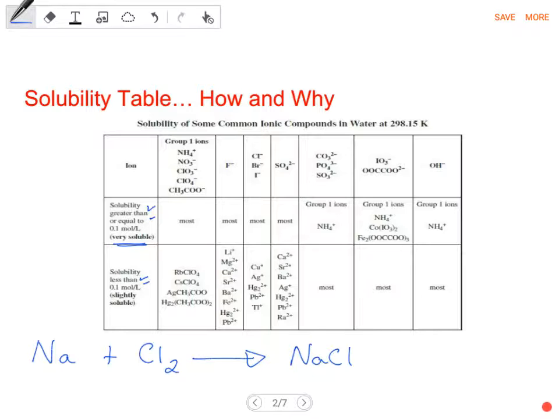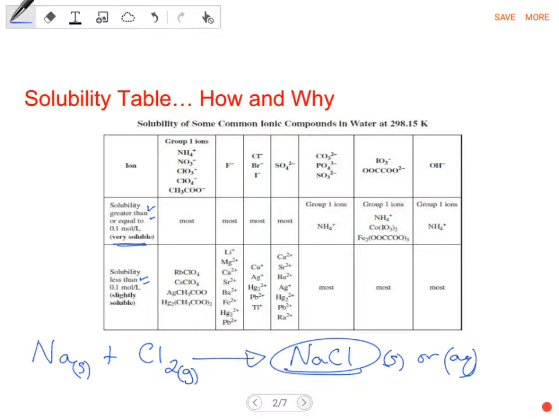So until you're told otherwise, metals are going to be a solid. They come in as a solid. If you look at the periodic table, chlorine has that bluish color to it, and that's a gas. So when you do this, you have to look at your individual elements, and we'll do that as we go along. It'll be pretty self-explanatory. And then you use the table to figure out if this is solid or aq. And we're going to do that right now.